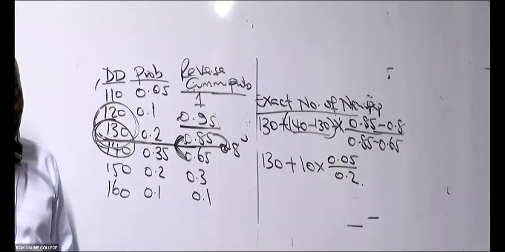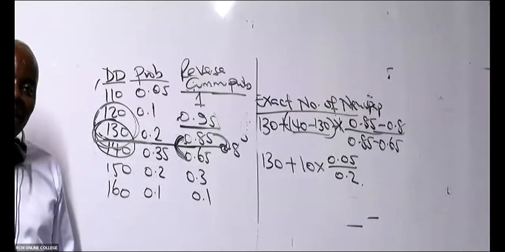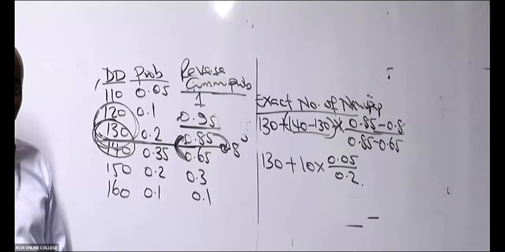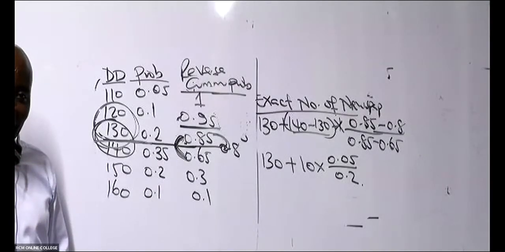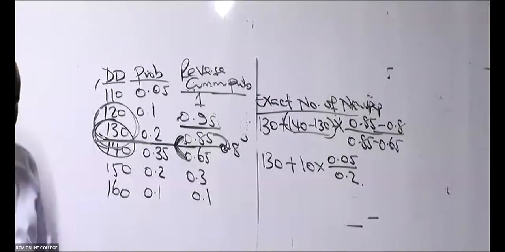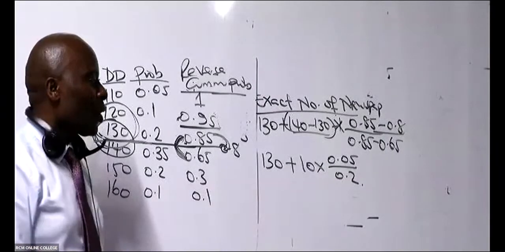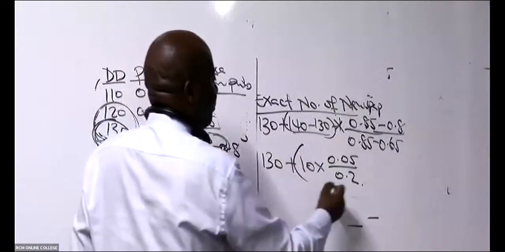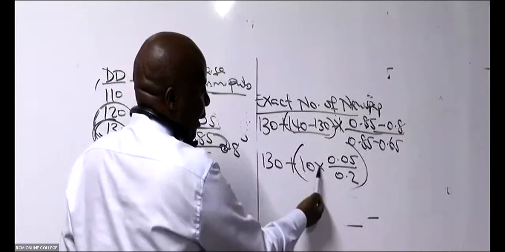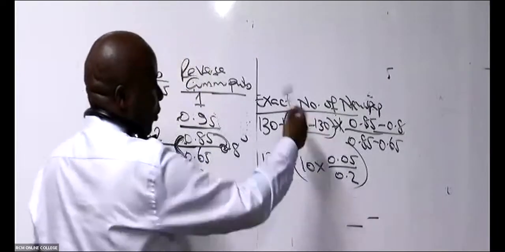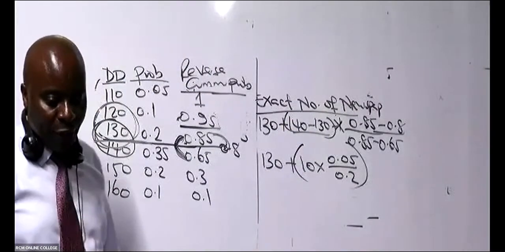But of course, if you feel that the triangles are easier for you, because maybe you completed high school the other day, or you have done a degree in mathematics, you are good to go. All those are our methods. When you reach here, always remember to take the multiplication first. 10 times 0.05 over 0.2, whatever answer we get, we add 130 to it.